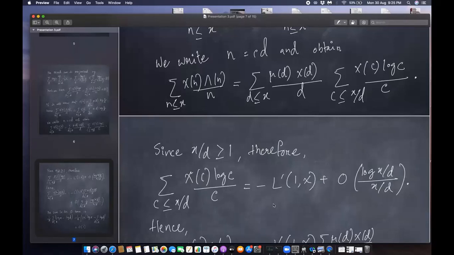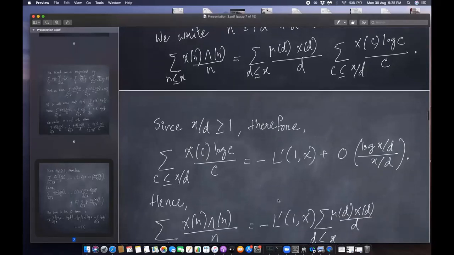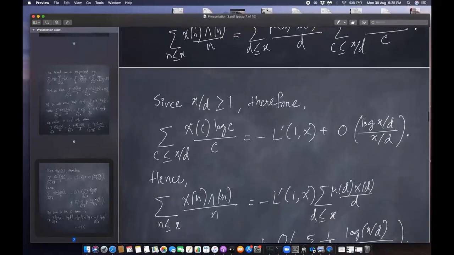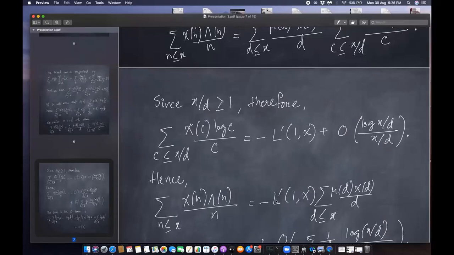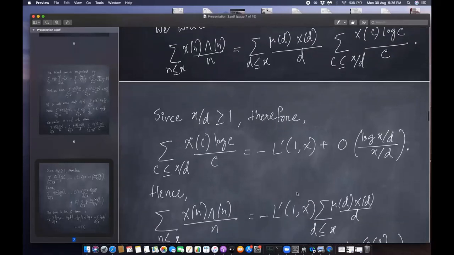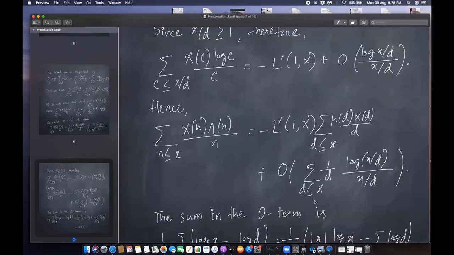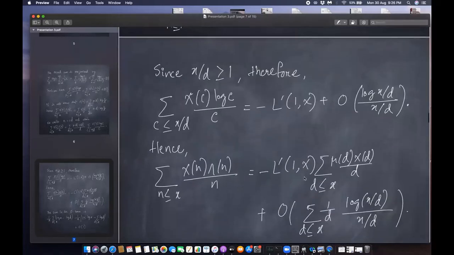Hence, if we use this identity, what we obtain is that chi of n times the Mangoldt function of n by n, when we average this, would be equal to L prime of 1 chi, and then like this. This is just simple substitution.